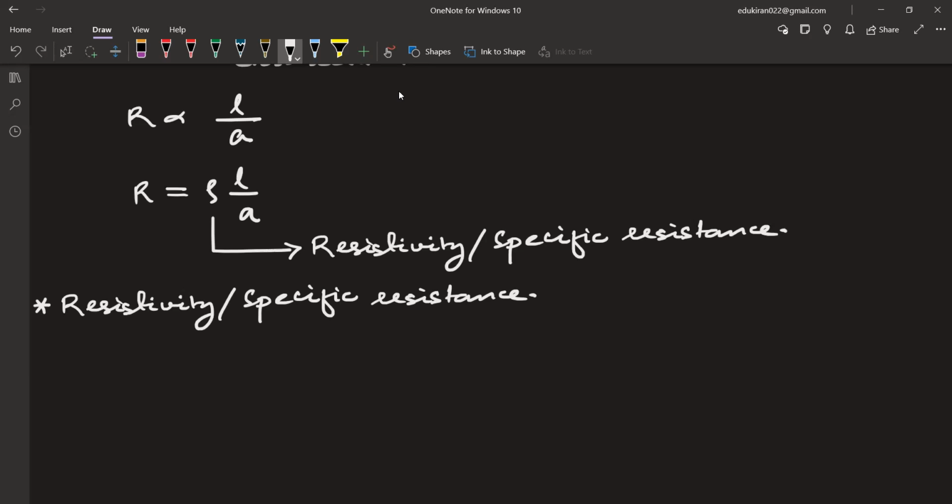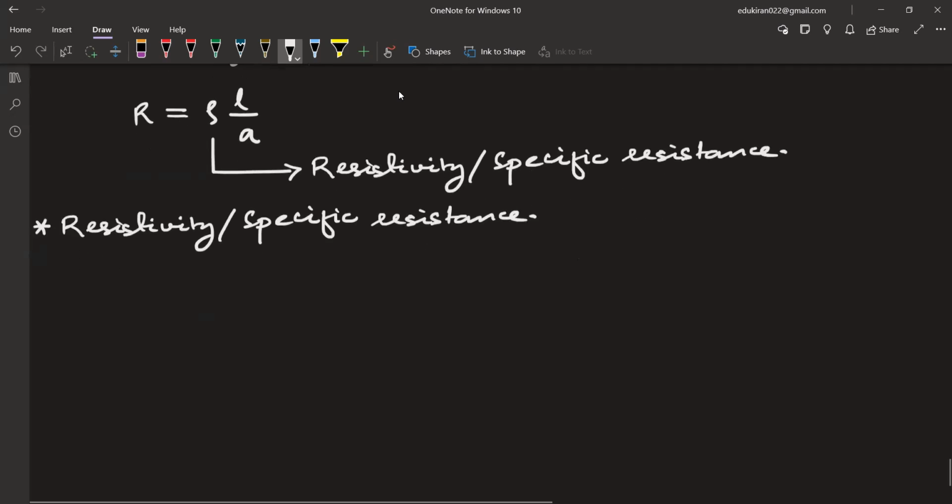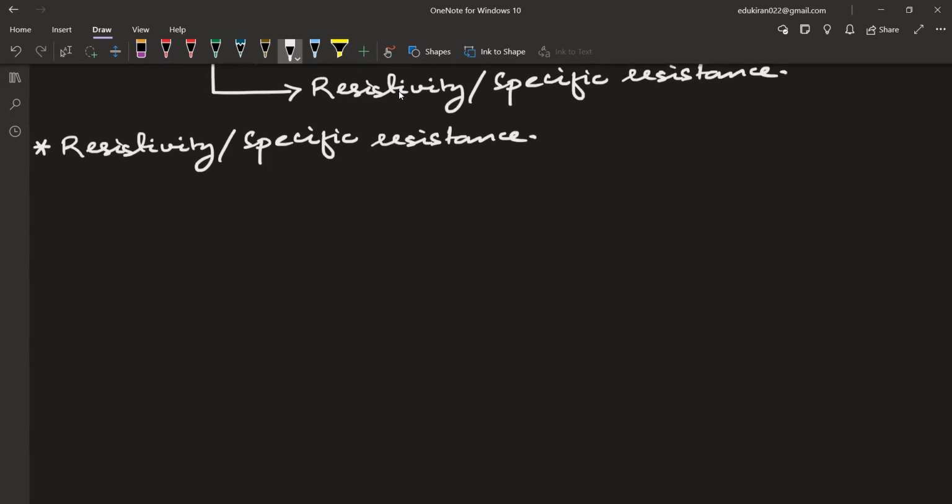I have not told this in 11th class, but still you will see the hint here. What is the formula? R is equal to rho L upon A. Whenever you have to define a particular constant, you will always have an equation, and you will take a case in which L is equal to 1 and A is also equal to 1.